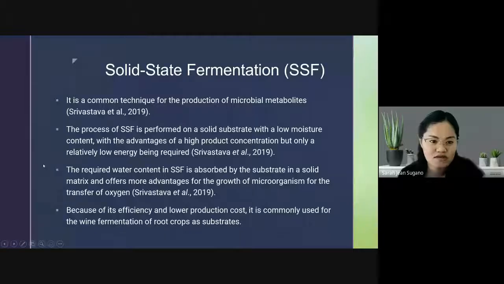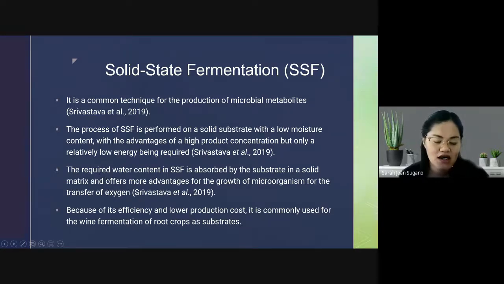Let's continue. So the process of SSF is performed on a solid substrate. Based upon the name, solid state fermentation, the substrate is solid, with a low moisture content.